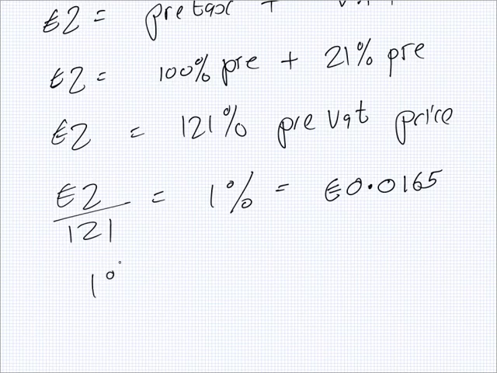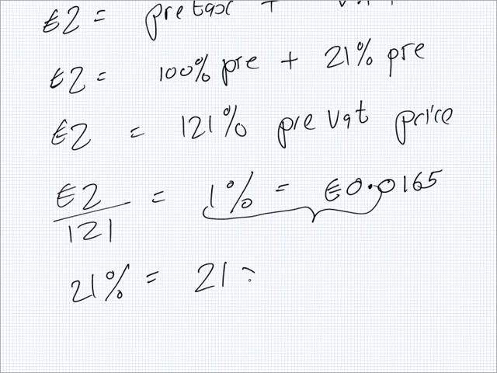So that means 1% is this. Then I don't want 100%. I want 21% because that's the VAT amount. I asked for how much the VAT was, not how much the original price was. So 21% would equal 21 times 0.0165, which is 0.35. Yeah, that's the VAT.